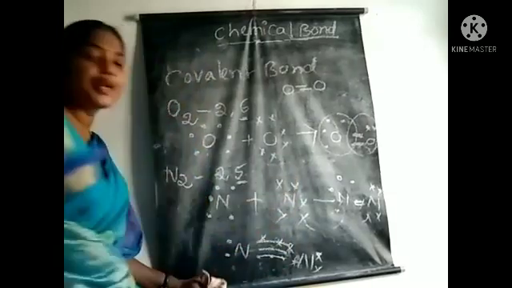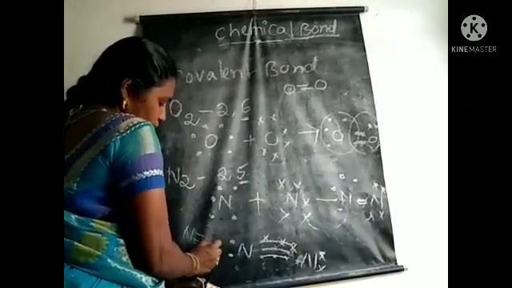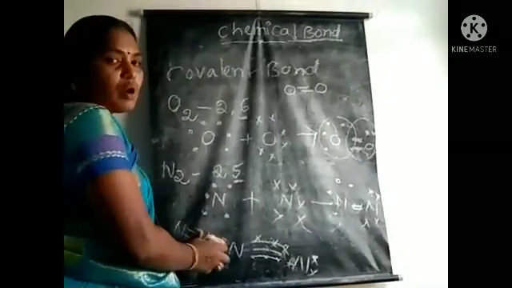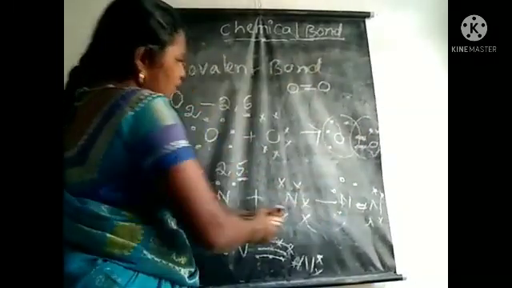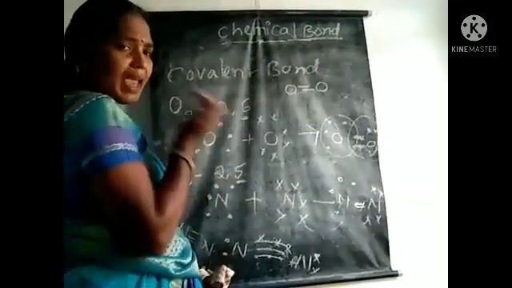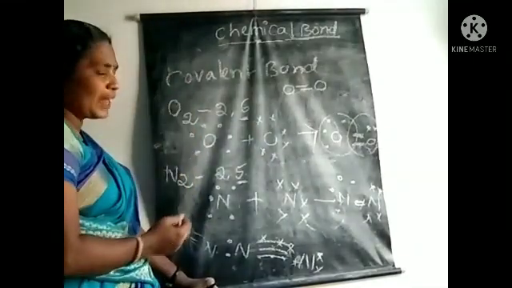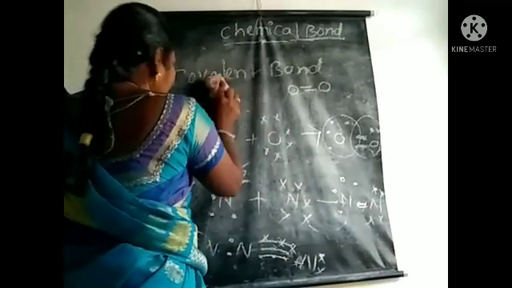Here, a triple bond is formed between the nitrogen molecule. Let us observe, these examples are all diatomic molecules: N2, O2, like that.